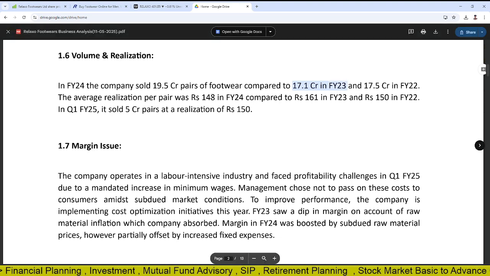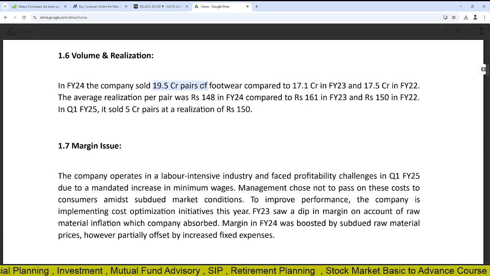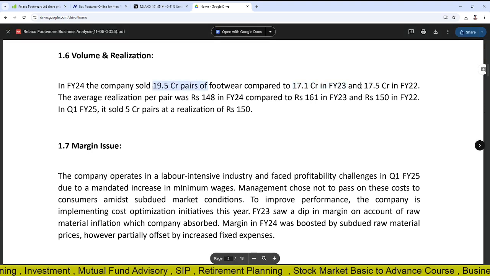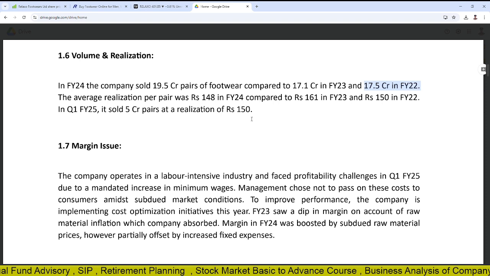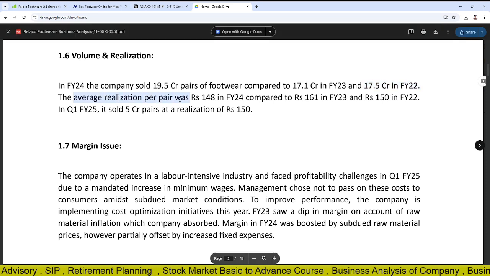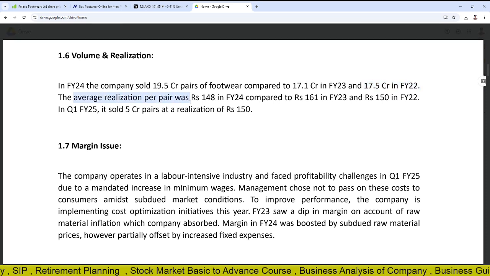You can see how the number of pairs has decreased, and if I compare with FY22, it is 17.5 CR. So the average realization per pair was rupees 148 in FY24 compared to 161 in FY23 and 150 in FY22.